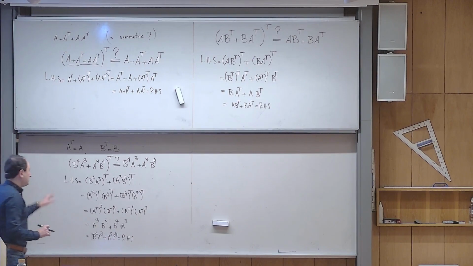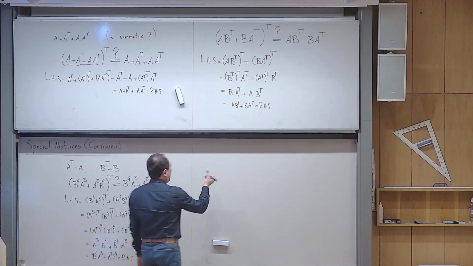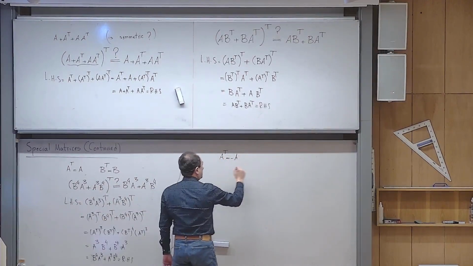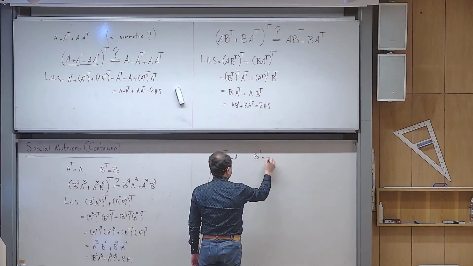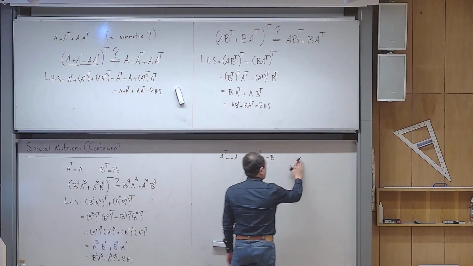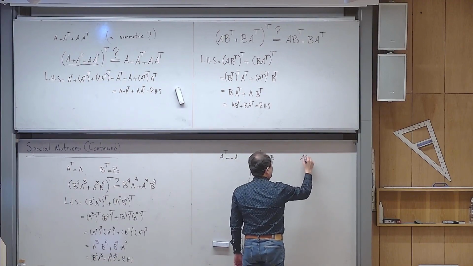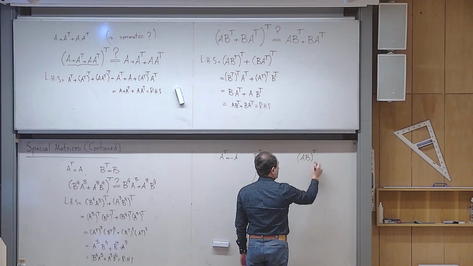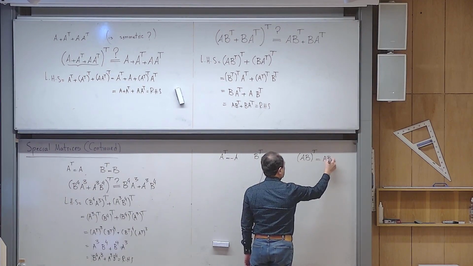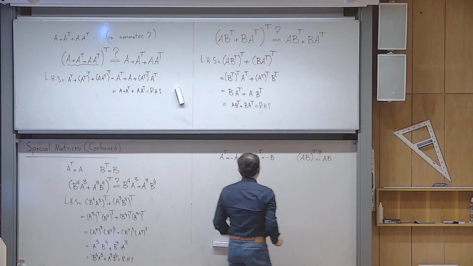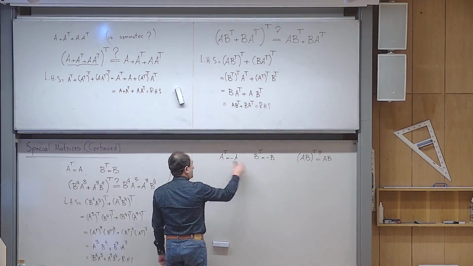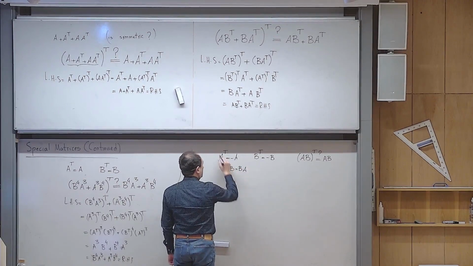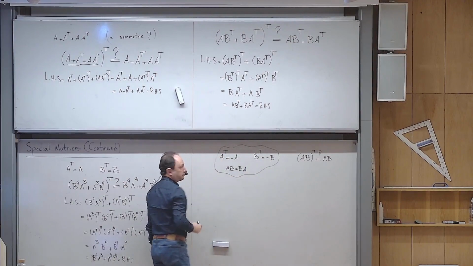We know that A is skew-symmetric, so this means that A transpose is minus A, B transpose is minus B. Yes? My goal is to show that AB is symmetric. So what should I show? I should show that its transpose is equal to itself. This is the question mark. But of course, I know something more. I know that A and B are commuting, so there is no difference between AB and BA. So these are my conditions.